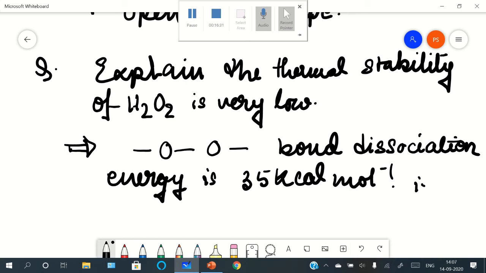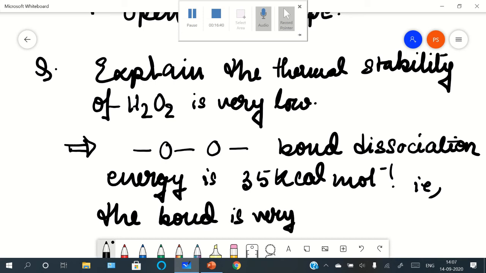That is, the bond is very weak. Hence, H2O2 easily dissociates, gives active oxygen, and acts as a very good oxidizing agent.